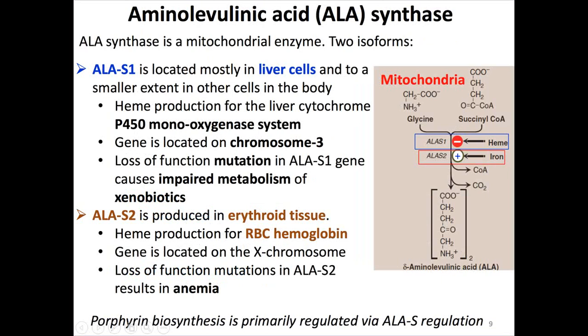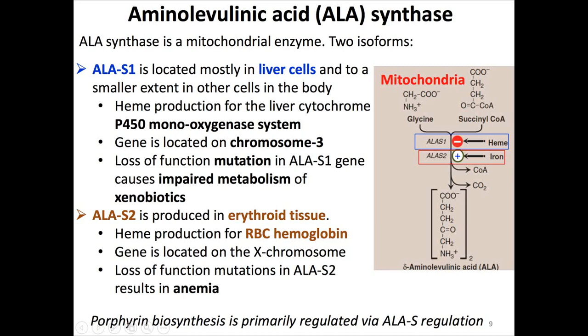ALA synthase is a mitochondrial enzyme. It has two isoforms. ALAS1 is located mostly in the liver cells and to a smaller extent in other cells of the body as well. Heme production by the liver involves the cytochrome P450 monooxygenase system. Its gene is located on chromosome 3, and a loss of function mutation in the ALAS1 gene causes impaired metabolism of xenobiotics.